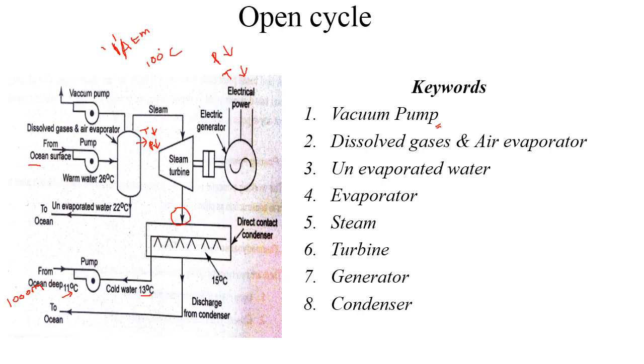What is the purpose of this condenser? At the exit of the turbine, it will still be hot, in a mixed steam and liquid state. So it will disturb the environment and affect the marine ecosystem. So with the help of the condenser we cool it and release it into the ocean.